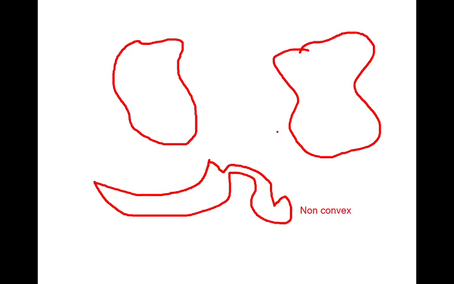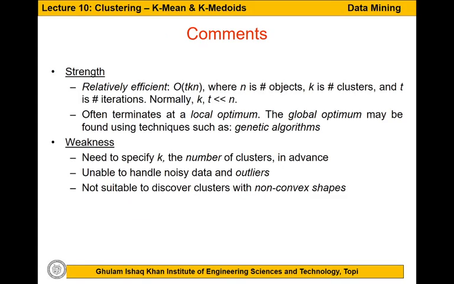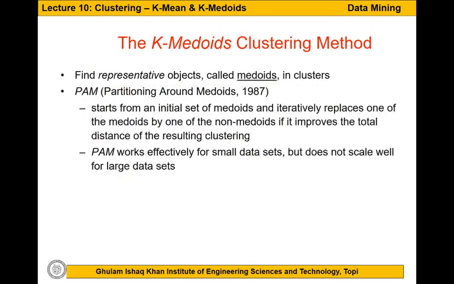It cannot discover it, and for obvious reasons, because there is only one center in each cluster, and it will try to make a circle or a spherical shape around it. So that is why it cannot make non-convex or non-spherical clusters. But there are other techniques which can, which we will be doing later on in the course.